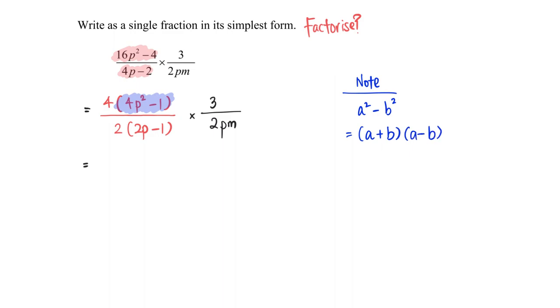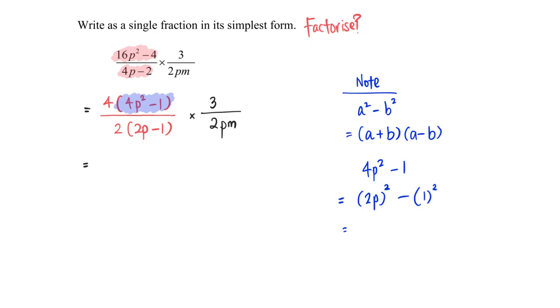And Mr. Tan saw that 4p squared minus 1 can be written as 2p squared minus 1 squared, because 2p squared is 2p times 2p, 2 times 2 is 4, p times p is p squared, 1 squared is 1 times 1, it still gives me 1.